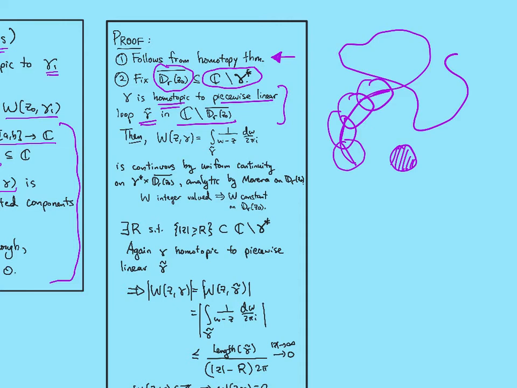And then, since it's homotopic, I can replace the winding number, at least for z's in this disk that we're avoiding. I can replace gamma with gamma tilde in our definition of the winding number because they're homotopic, and they're all avoiding the points in here.